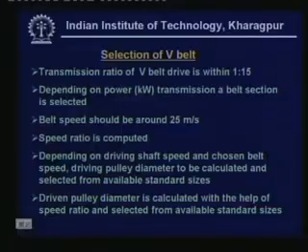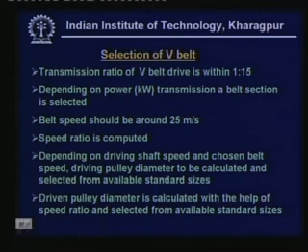First of all, you know that the speed ratio, as I told you, is to be computed, and then depending on the driving shaft speed and the chosen belt speed, the driving pulley diameter is to be calculated and selected from available standard sizes. The driven pulley diameter is calculated with the help of the speed ratio and selected from available standard sizes.